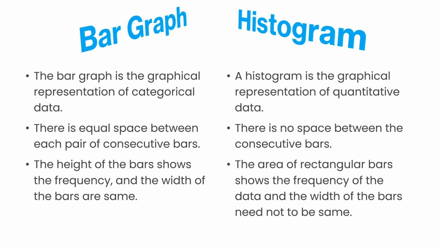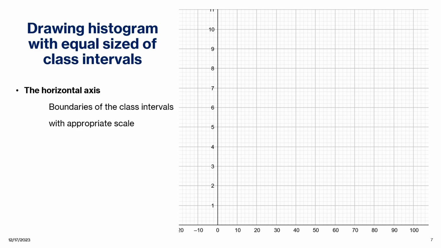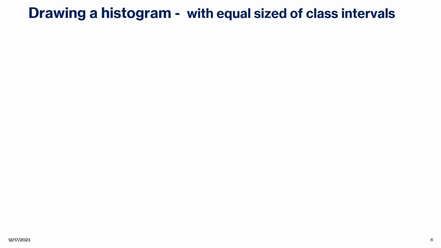Okay, now we'll construct the histogram for the data distribution with equal sized class intervals. First, we have to have a graph paper. The horizontal axis represents the boundaries of the class intervals with appropriate scale and the vertical axis the frequency of the respective class intervals. Now, with this example, we are going to learn how to construct a histogram.